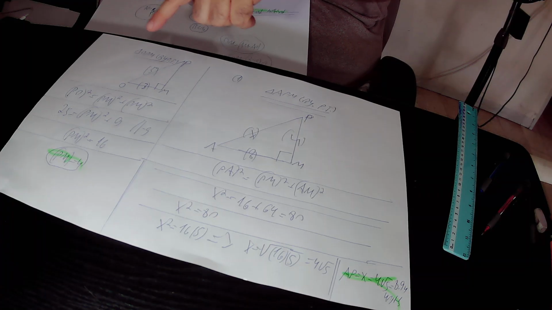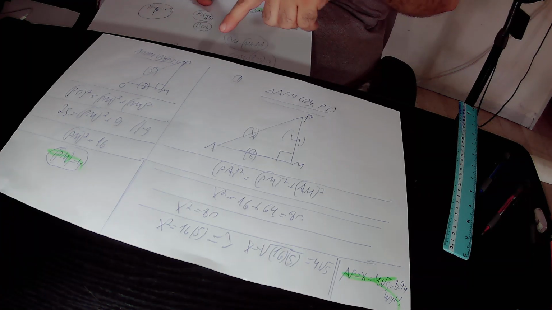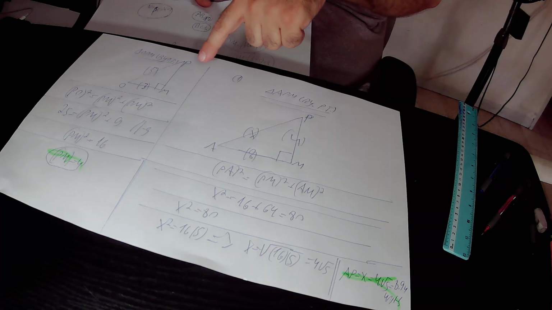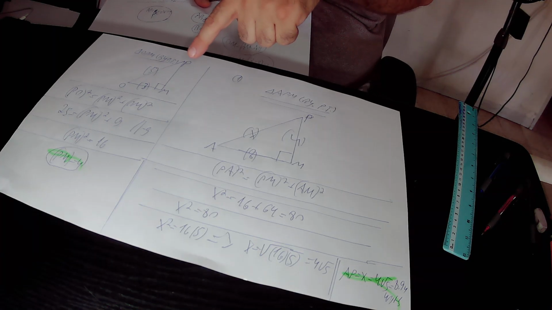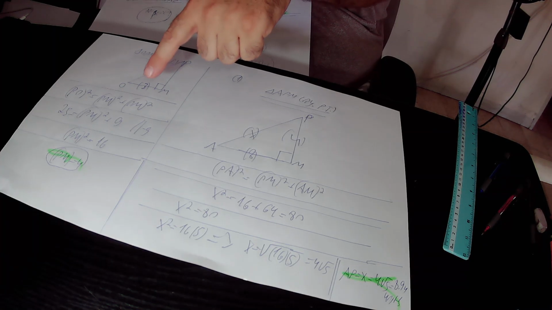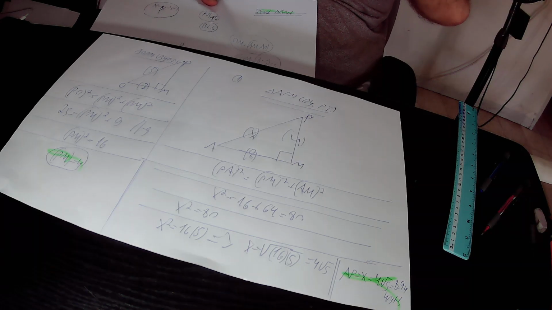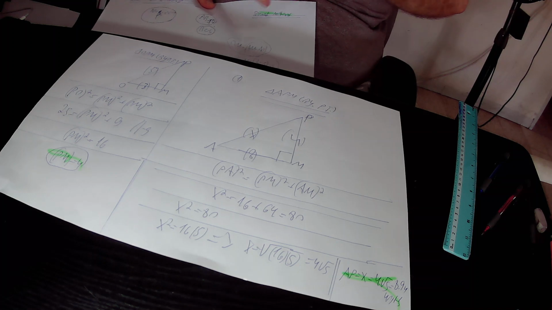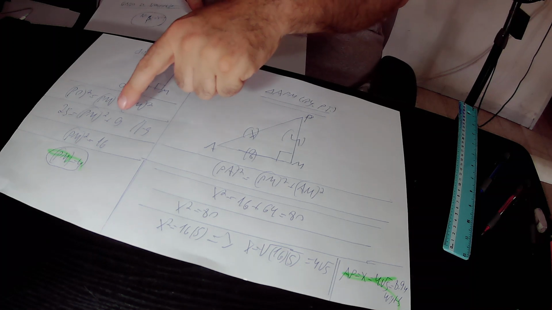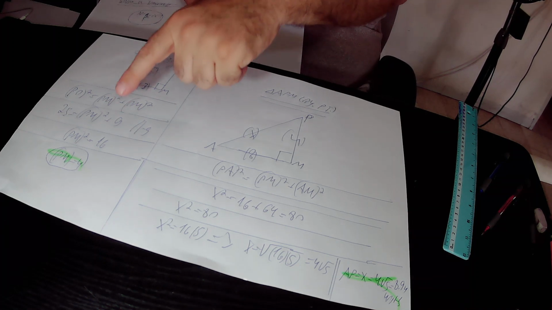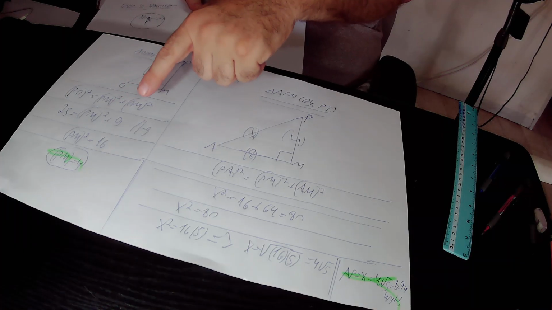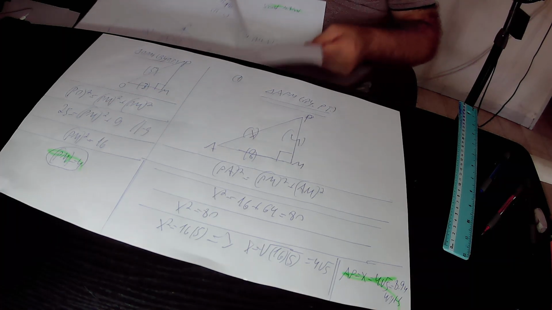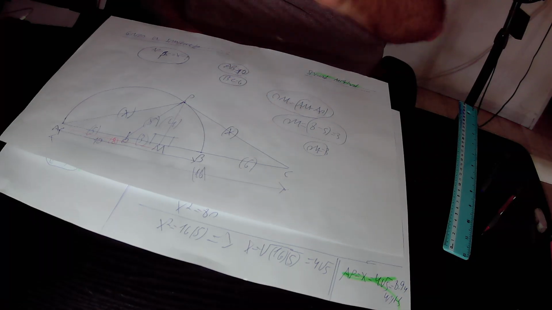PO is 5, so PO squared is 25, equal to PM squared, the missing side, plus OM squared. OM is 3, so OM squared is 9. So 25 equals PM squared plus 9. Subtracting 9, PM squared equals 25 minus 9, that is 16. Taking the square root, PM equals 4 units in length.